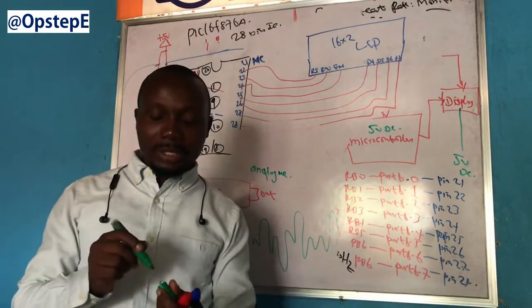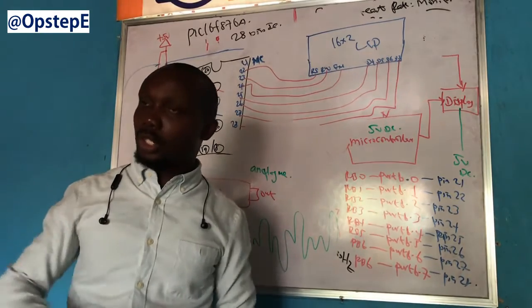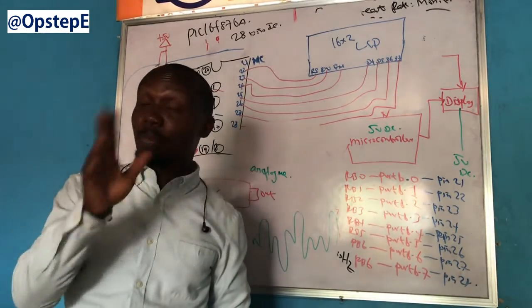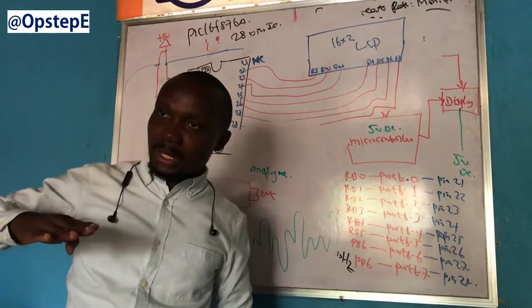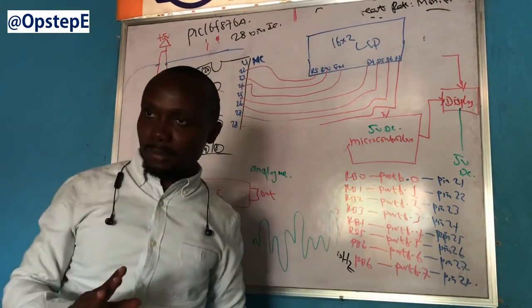You can't just connect any analog signal to any pin on the microcontroller. There are some pins and ports dedicated for that.